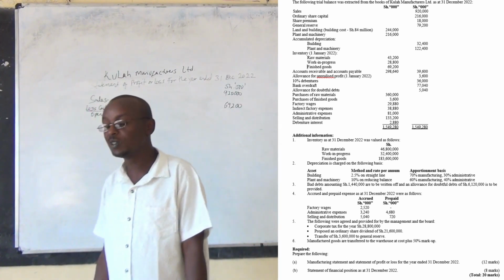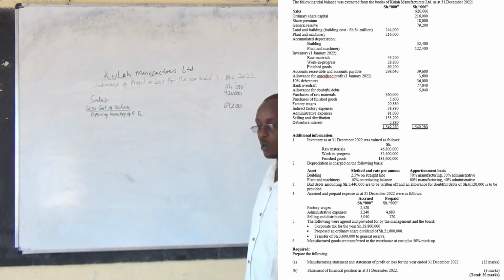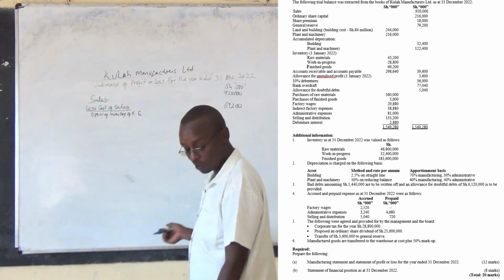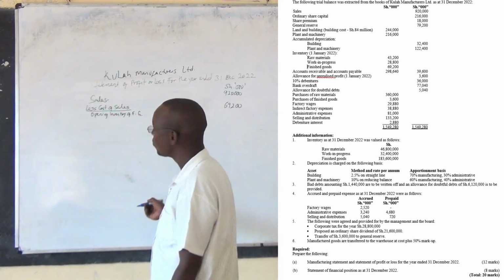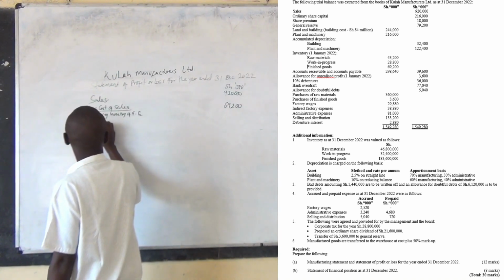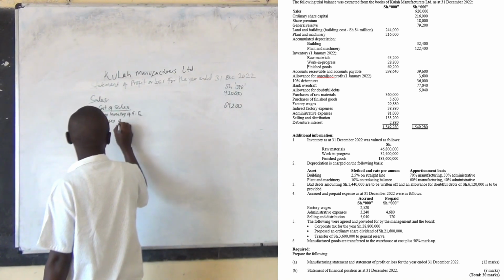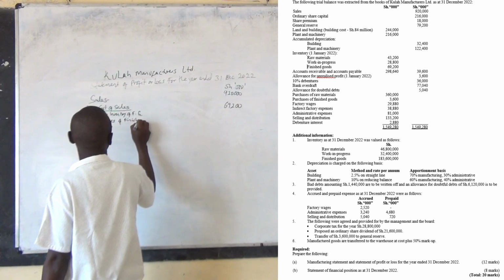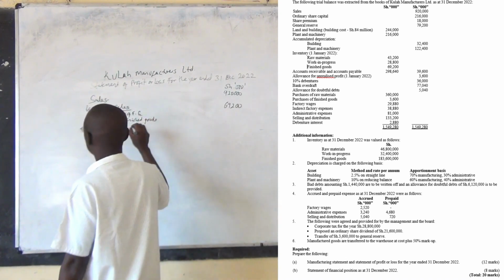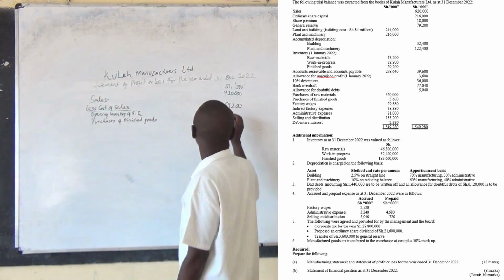It's normal. Sometimes the machine has not been used, and we didn't do the production. So instead of selling nothing, what do you do? You buy the stock. So there are purchases of finished goods. How much? 3,600.